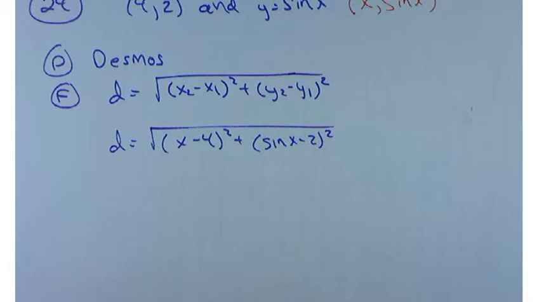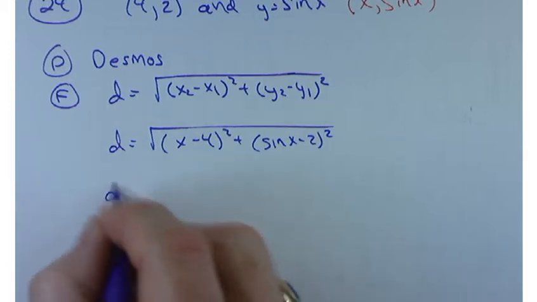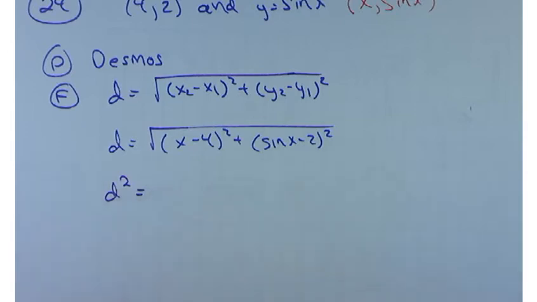So I'm okay here. But as far as the calculus is concerned, minimizing the distance or minimizing the square of the distance will give us the same thing. So to make it easier on us, we're going to call this d squared.